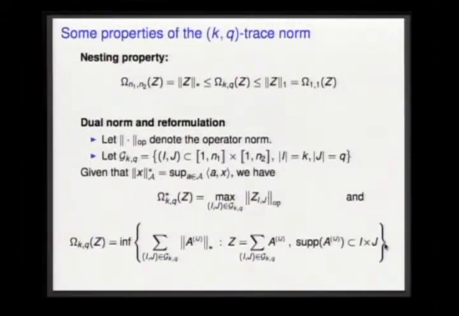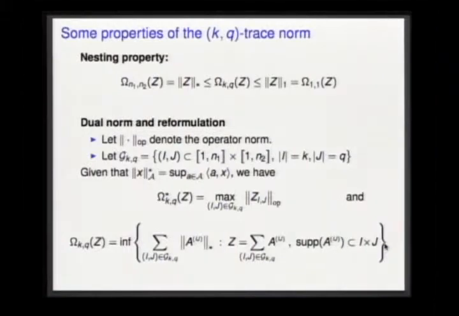And using this, again, we can write the value of the norm as the solution of another optimization problem, which is the infimum of the sums of trace norms of matrices A_{I,J}. Here, these are not submatrices, but these are matrices which have supports included in the set I cross J, such that the sum of the A_{I,J} equals the matrix Z. Okay?